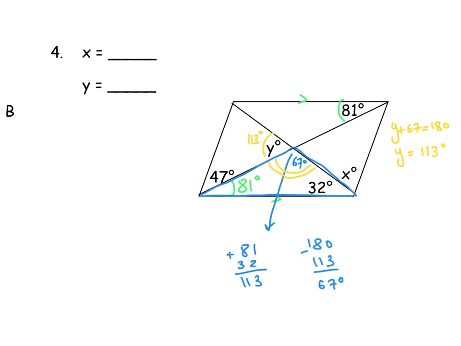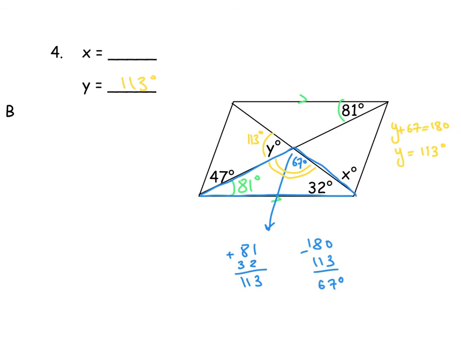Now another way to find y is to see that y is an exterior angle, so it's going to be the sum of the far interior angles. So y is equal to 81 plus 32, which is 113 degrees. Now again, there is definitely more than one way to do a problem. So if you see a different way, use it by all means, okay?